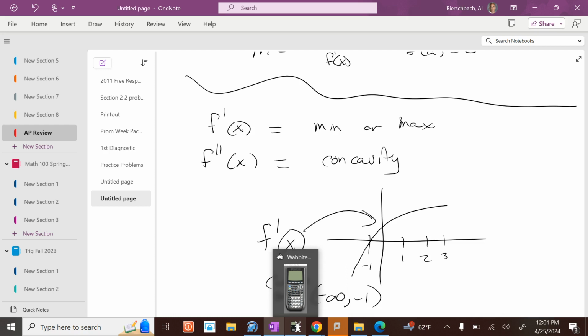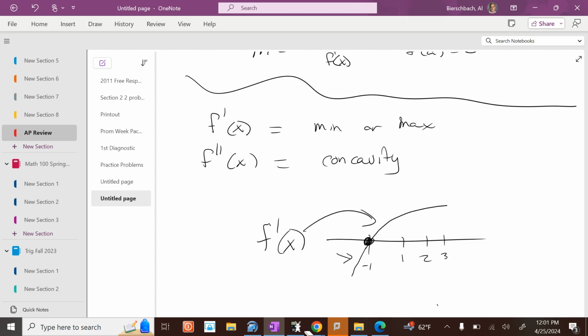And what's this point called? That would be a maximum point there, because it's where the first derivative is equal to 0. So on the original graph, this would be a downward slope. Wait, so this is increasing. Actually, this is concave up, because it's increasing the whole time.